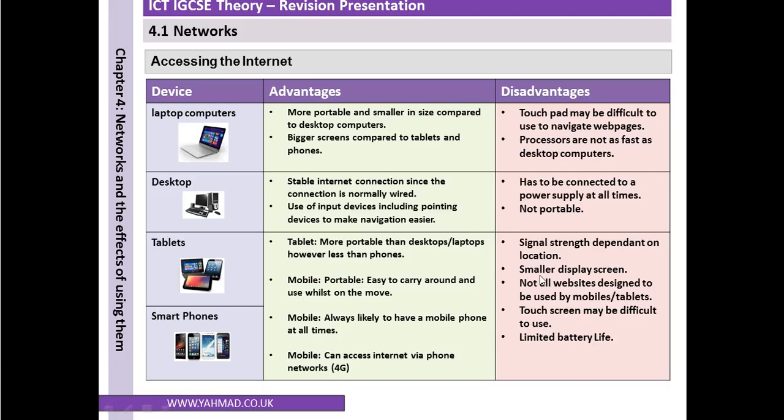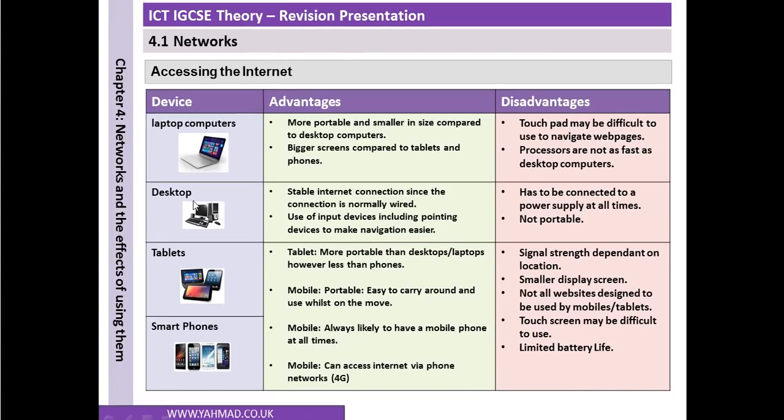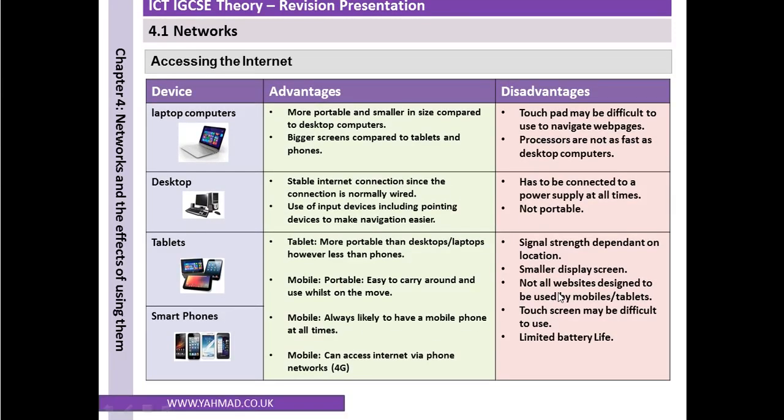The disadvantage with tablets and smartphones is that, because you're connecting wirelessly, the signal strength is dependent on location. Also, the screen is smaller compared to desktop or laptop computers. Not all websites are designed to be used by mobile phones or tablets.